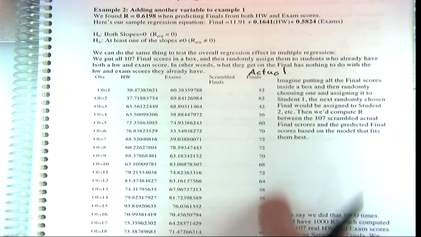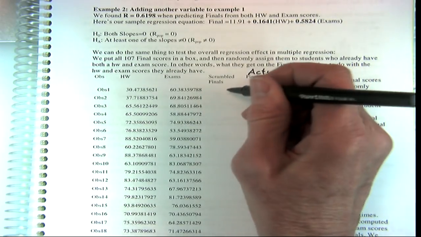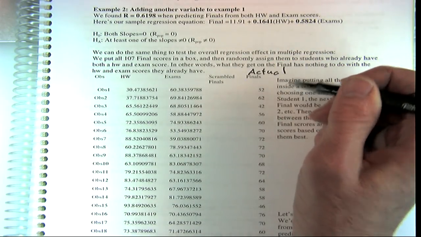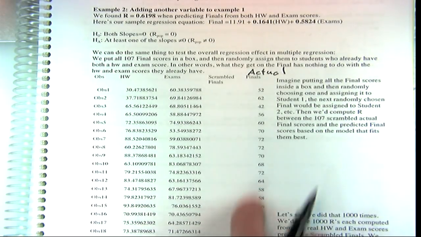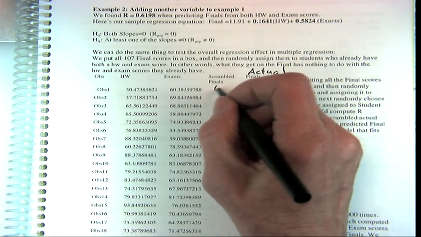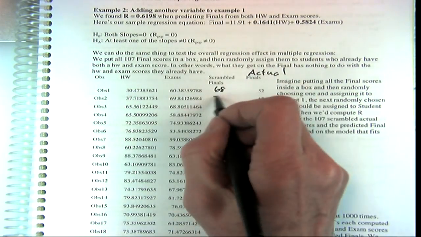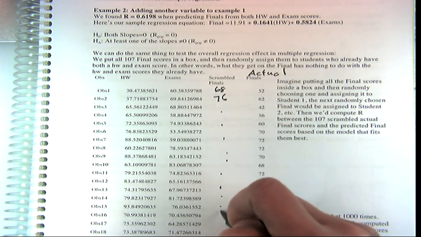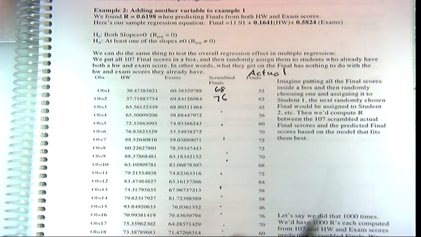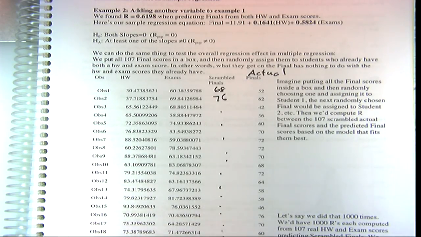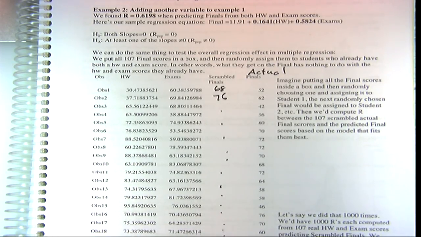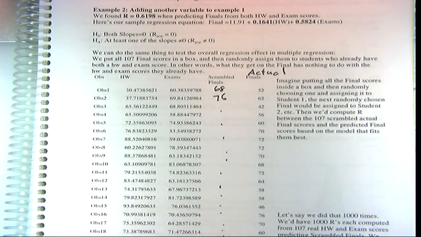I could just go like this, and let's say I got a 56 there. Let's say I got a 68 there. Let's say I did it again. I got a 76, etc. And I'd have a whole set of random ones, right? This is the actual homework and exams, and that other one is the random ones.